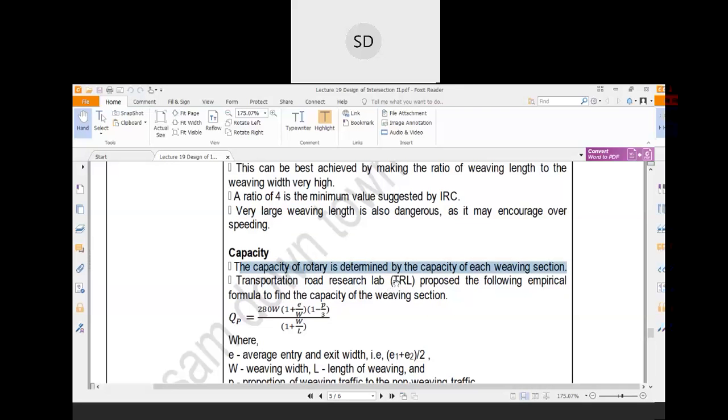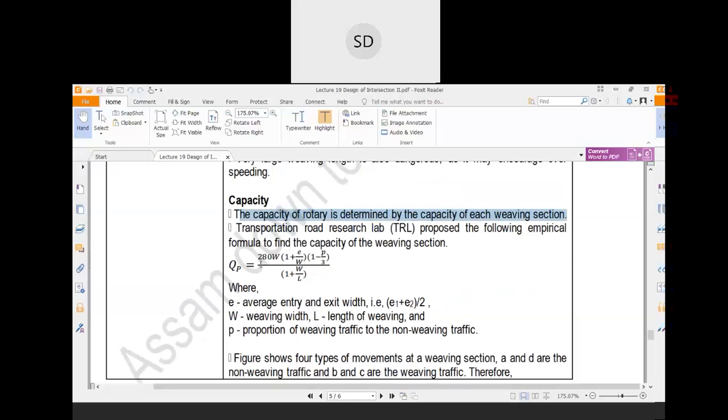Now, Transportation Research Lab TRL proposed the following empirical formula. So, this is the empirical formula by which the capacity of the rotary is found out. Empirical formula means that the formula is established based on numerous practical problems.